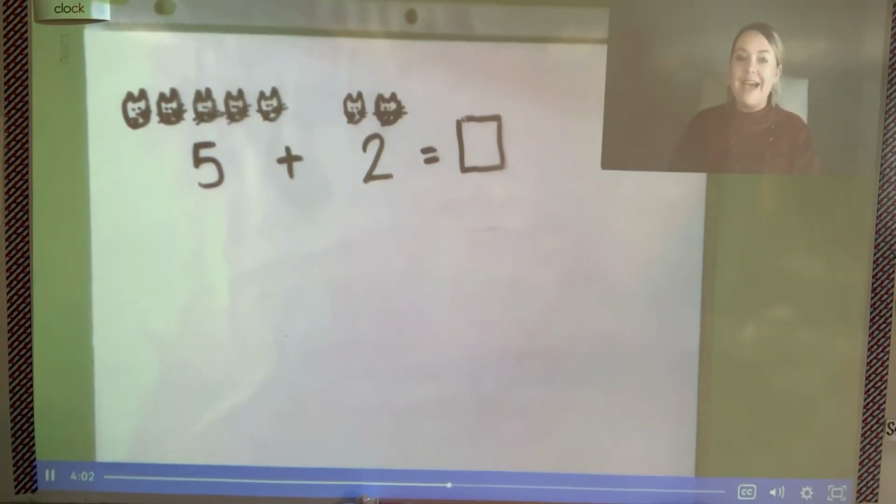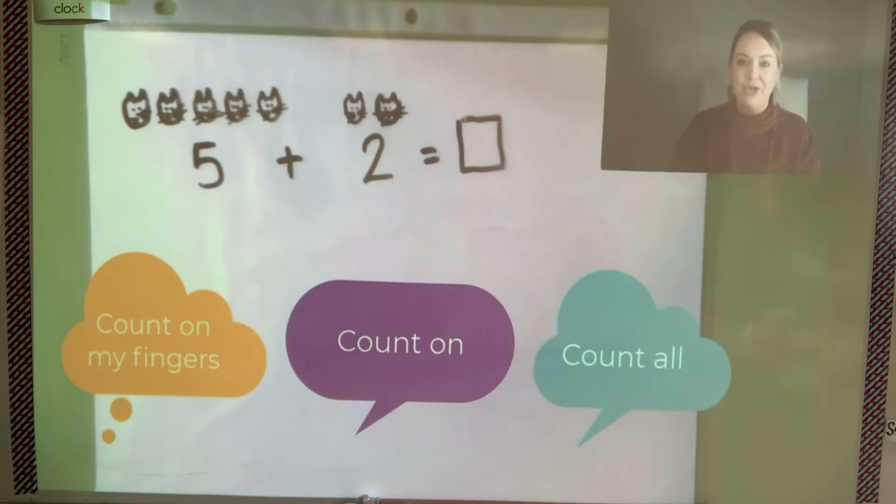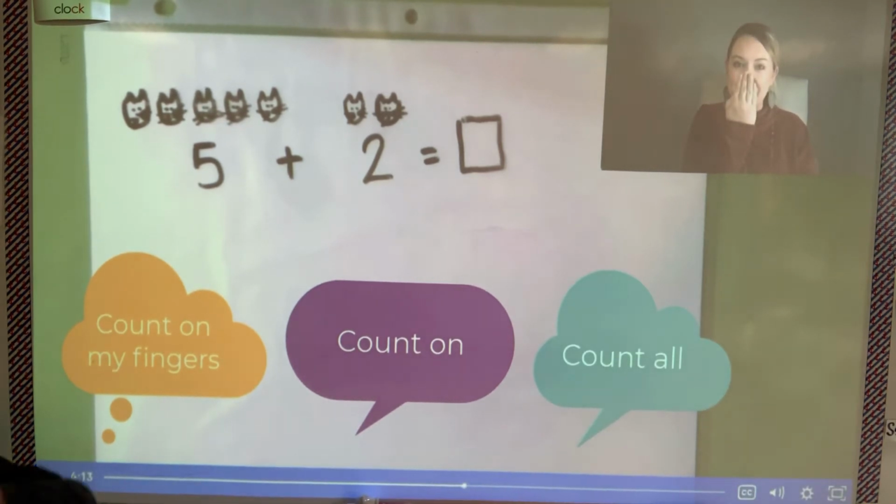How can we find out how many kittens there are in the yard? Go ahead and whisper the strategy that you plan to use into your hand. Okay, so she put count on with my fingers. Remember, that's a strategy we talked about in our warm-up.